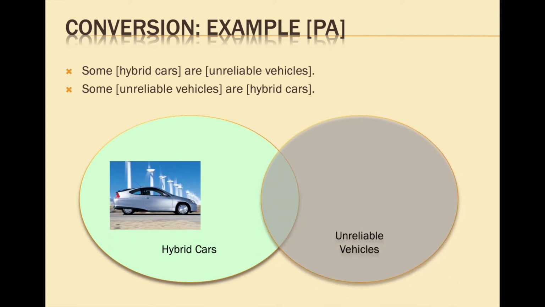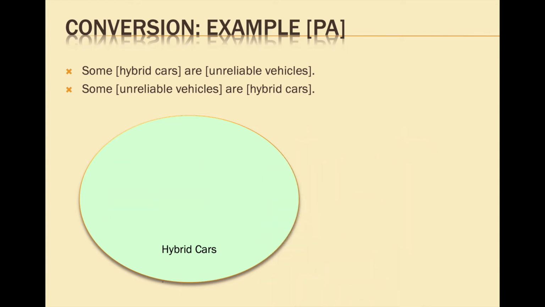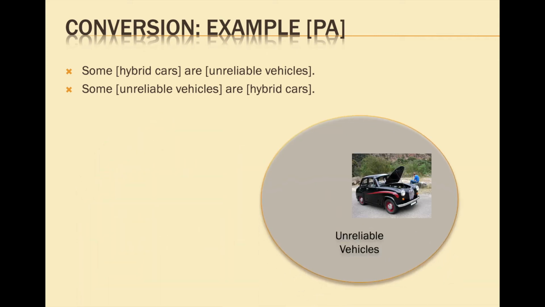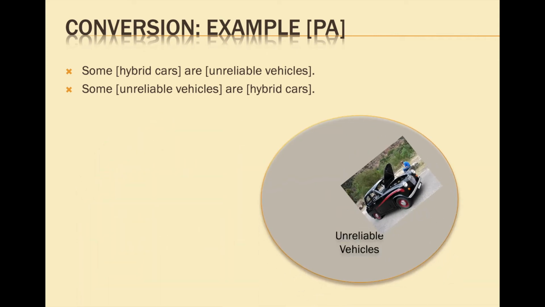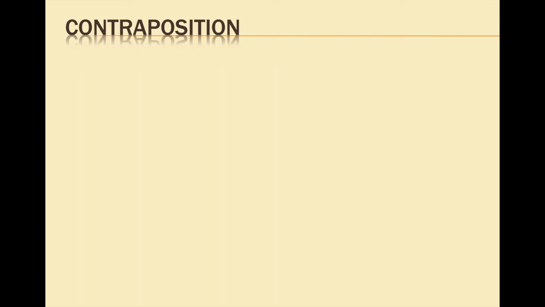We have the class or category of unreliable vehicles, and we can do the original statement, some hybrid cars are unreliable vehicles, and some unreliable vehicles, right, are also hybrid cars. So, particular affirmative conversion.